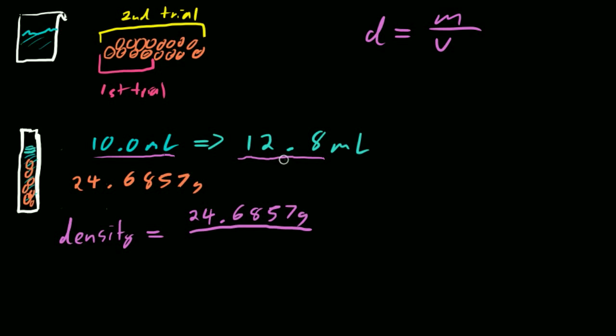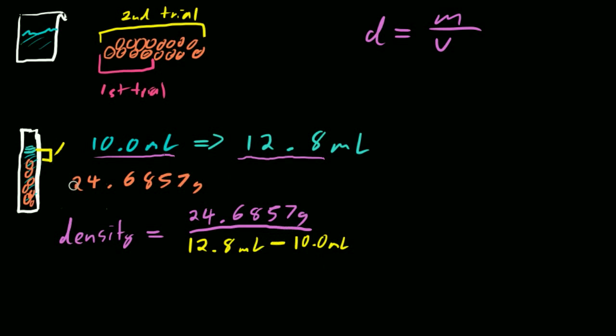So the amount of volume that this metal shot occupies is going to be the difference between these two quantities. We'll write that in: 12.8 milliliters minus 10.0 milliliters. That's the amount that the volume went up by in the graduated cylinder.